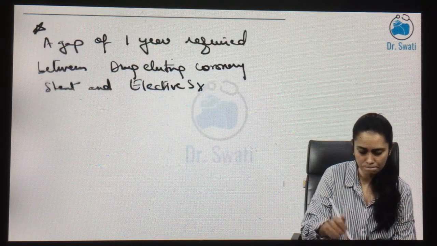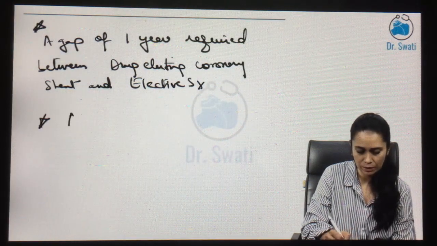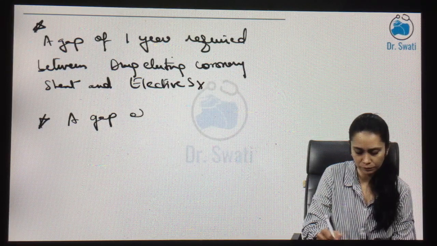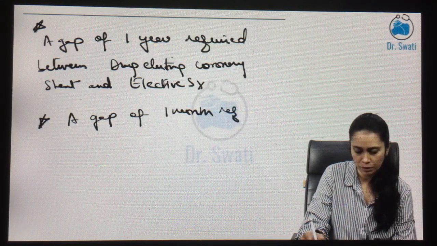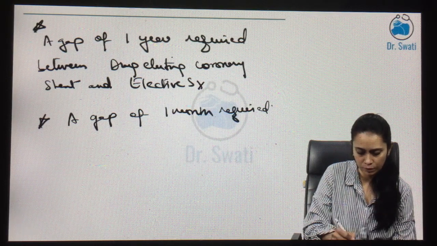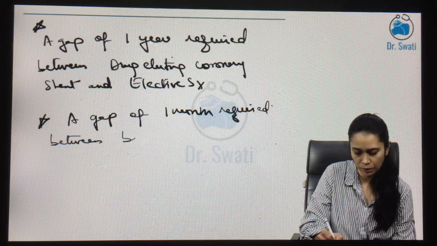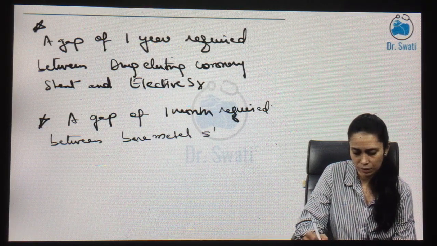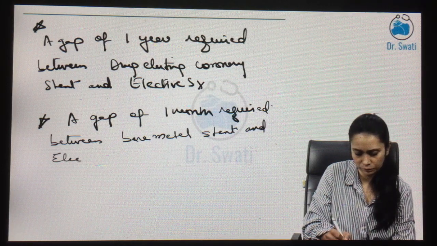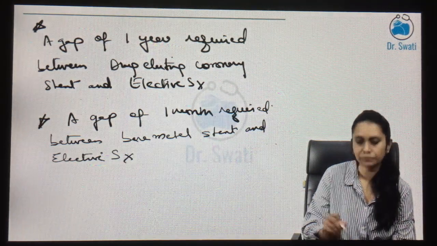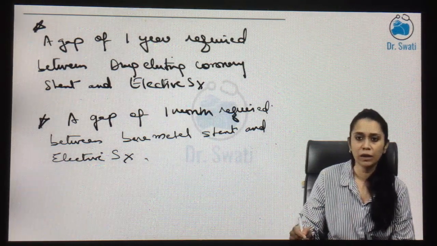A gap of 1 month is required between a bare metal stent and elective surgery. Got it? Right? So this we have to remember.